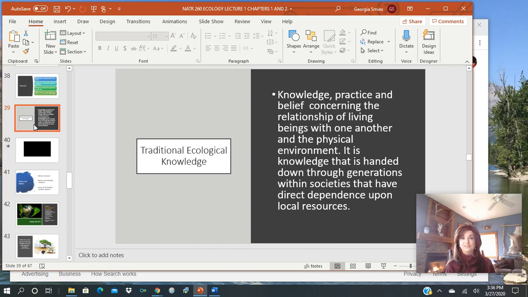My sincere desire is at the end of this course, you have a really huge respect for TEK, and that when you design your own research projects, you try, when and if at all possible, to incorporate TEK research methods because you will simply get a better research project and product.